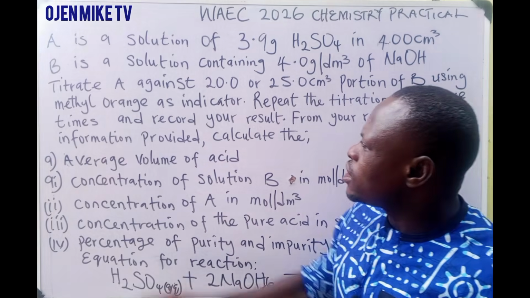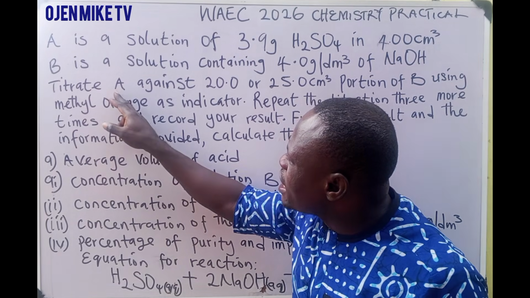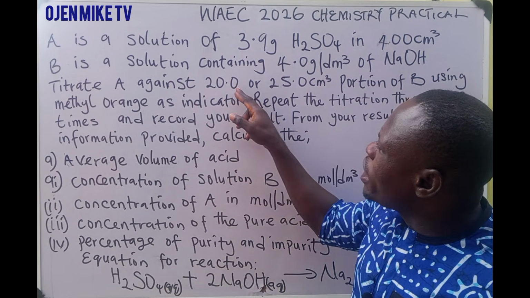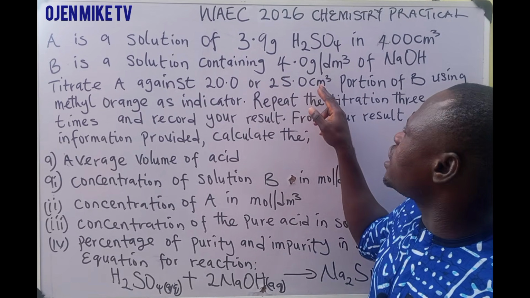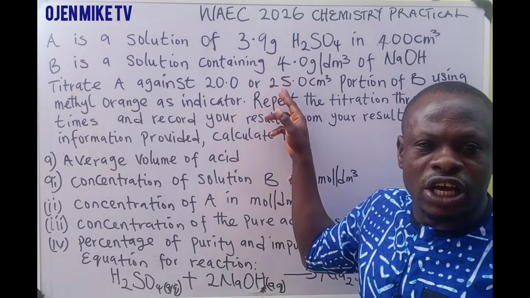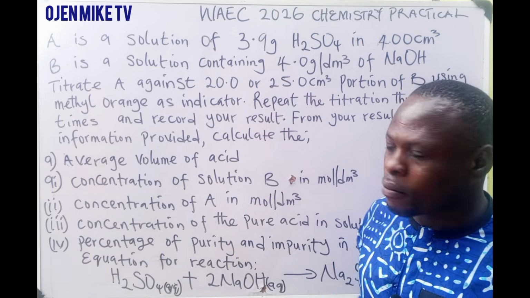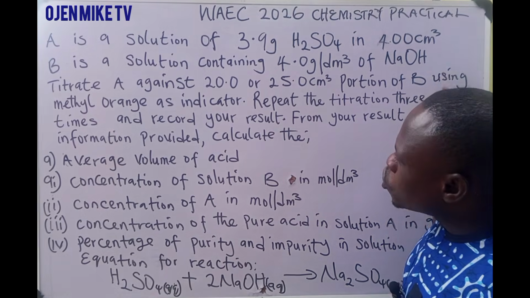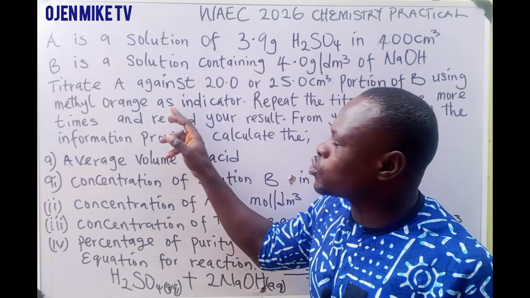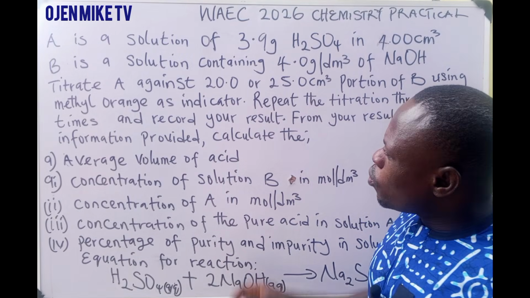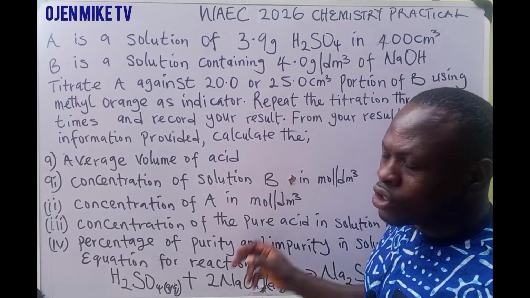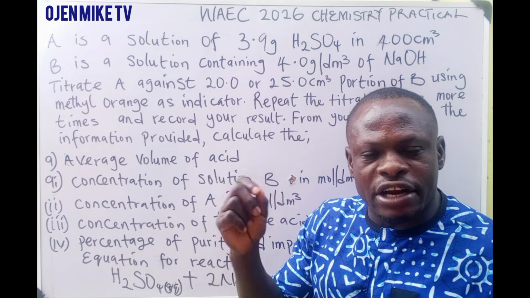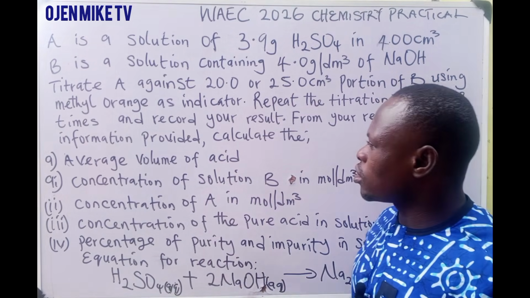We are asked to titrate A against a 25 cm cube portion of B, that is the volume of the base, using methyl orange as indicator. We are asked to repeat the titration 3 more times and record our results.